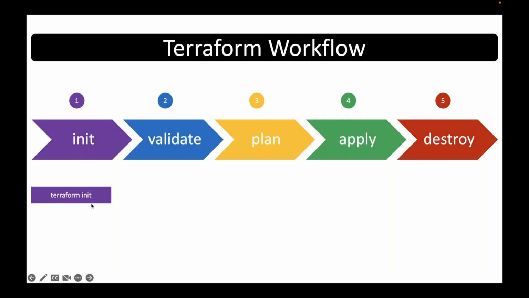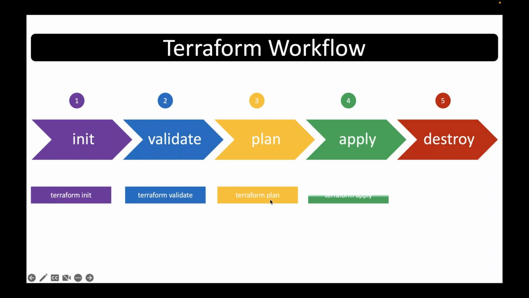For validate, terraform validate. For plan, terraform plan. For apply, terraform apply. For destroy, terraform destroy. Just remember these commands. We are going to use them in the upcoming lab in this session itself.